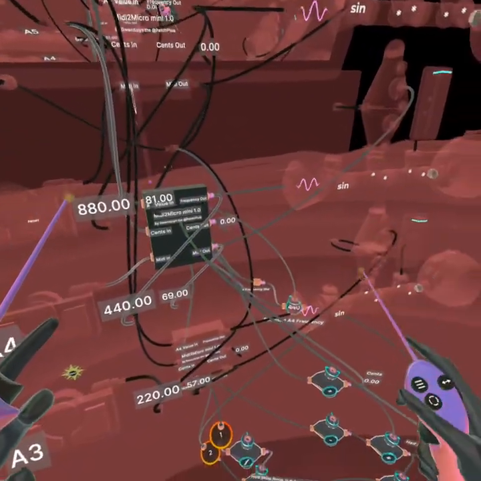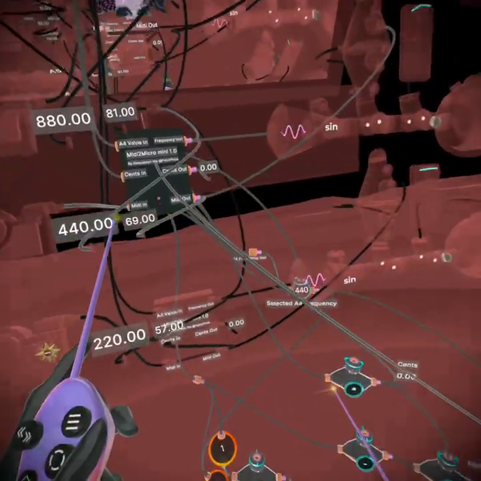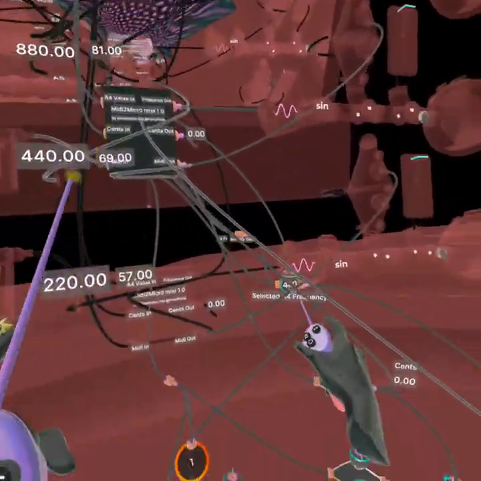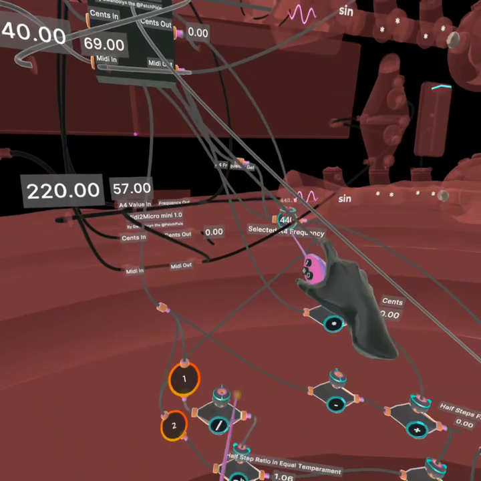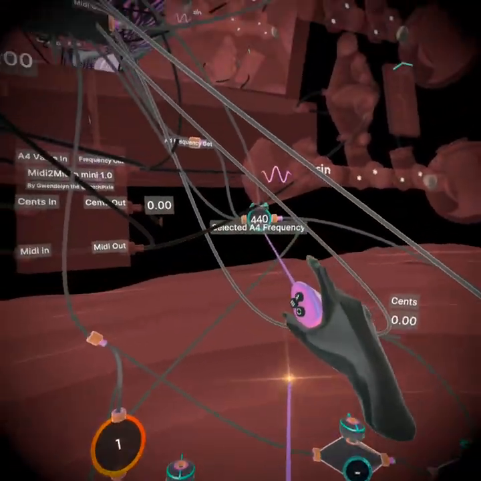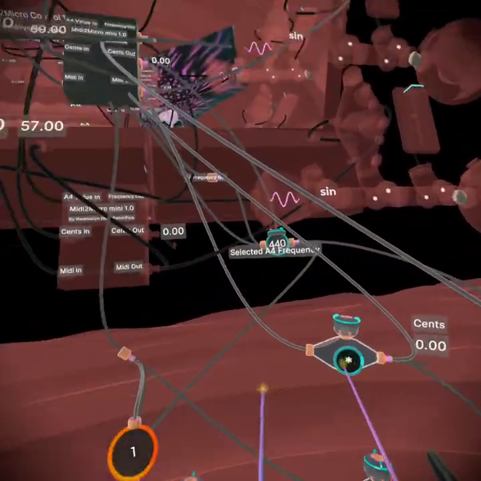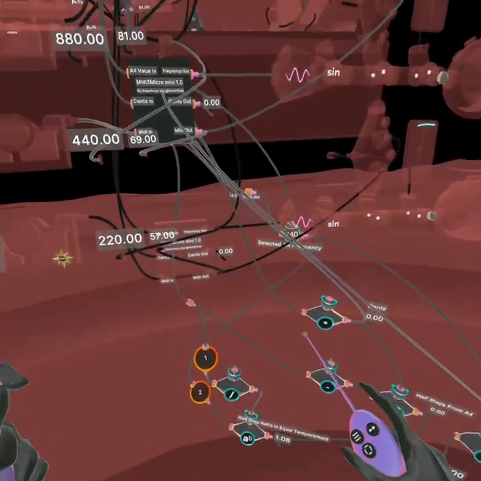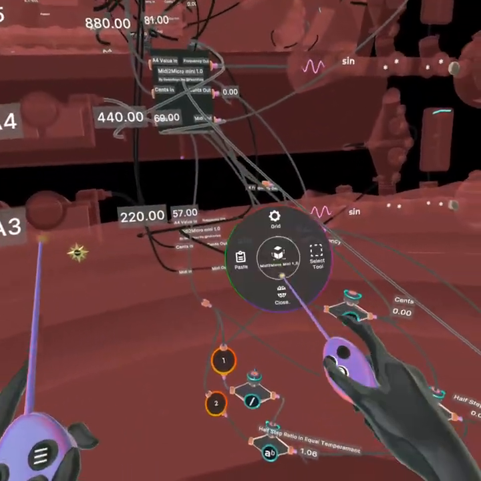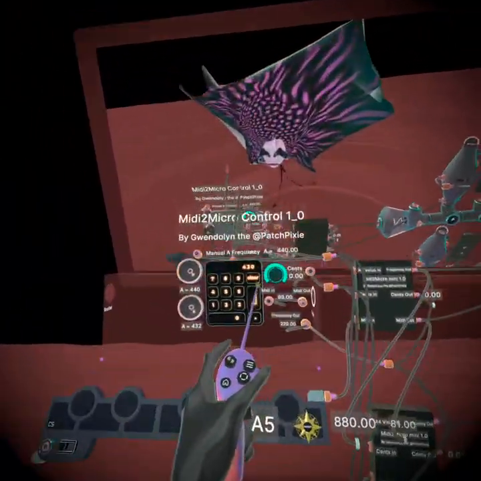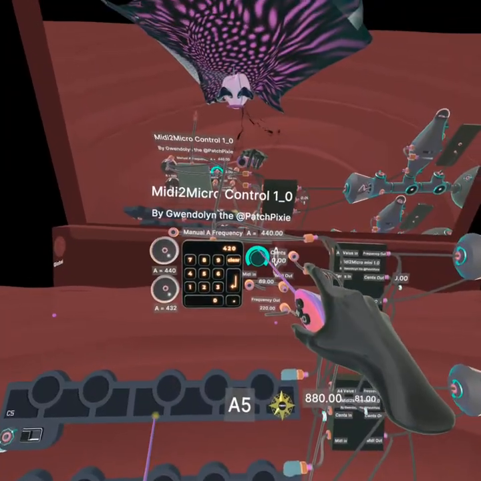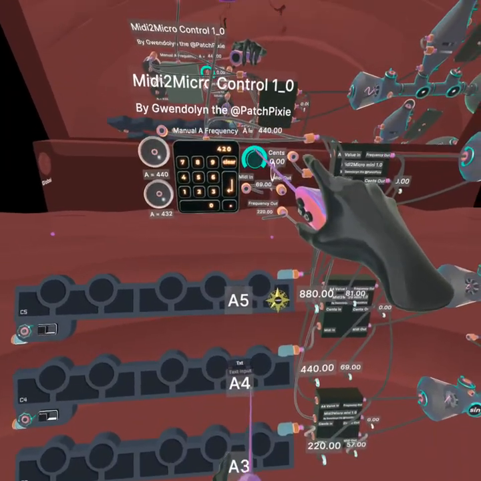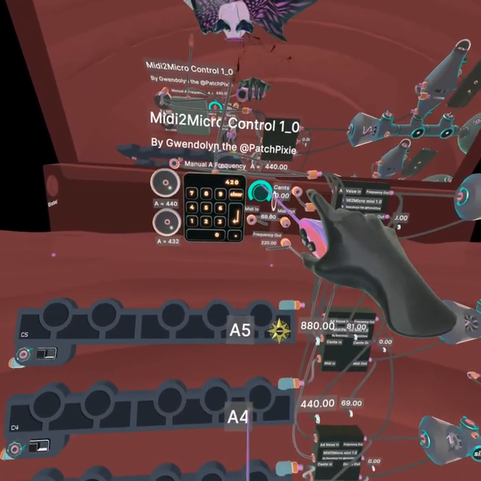Let's take a look. Okay, so this is the math. We get our A frequency. So whatever you set A to comes in here to this block. I have a dial here. This dial here is the cents. It divides up the space between A and A sharp into 100 units.